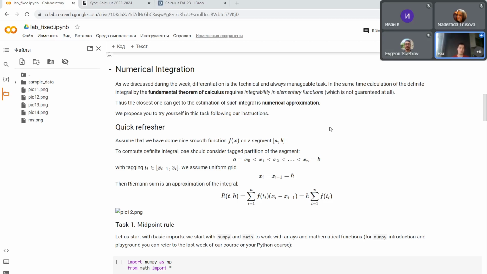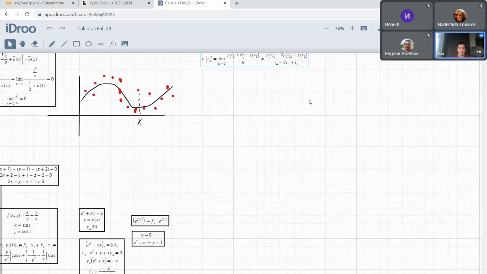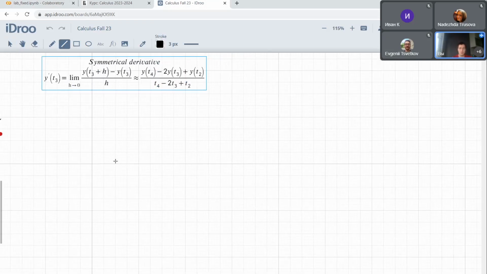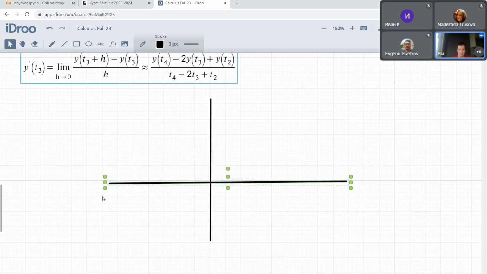For example, when we talk about definite integrals, when we are talking about the area under the curve, I prefer to say that we are talking about the oriented area under the curve, because we have some segments where the function is positive and some segments where it is negative.